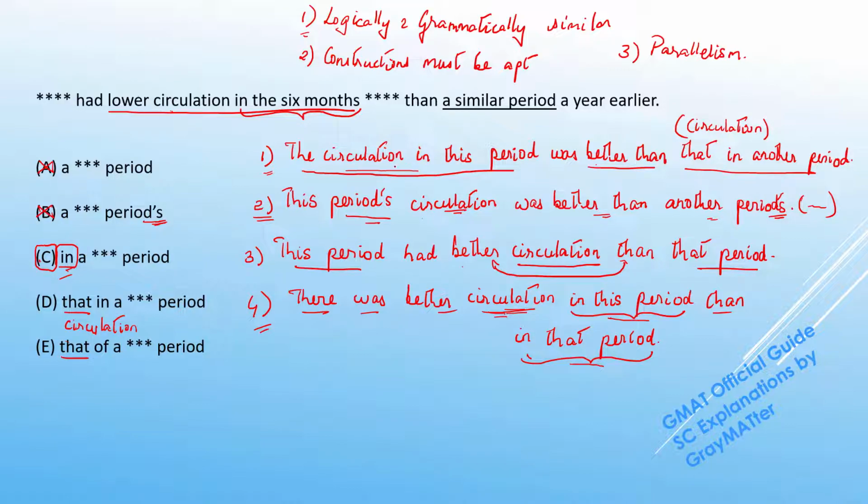So the main difference is that this prepositional phrase lies outside the comparative phrase, whereas in the original sentence we can notice that this prepositional phrase, circulation in the 6 months, is within the comparative phrase. So only if this had occurred outside the comparative phrase would D and E have been appropriate. So D goes off and E goes off. C is the right answer.